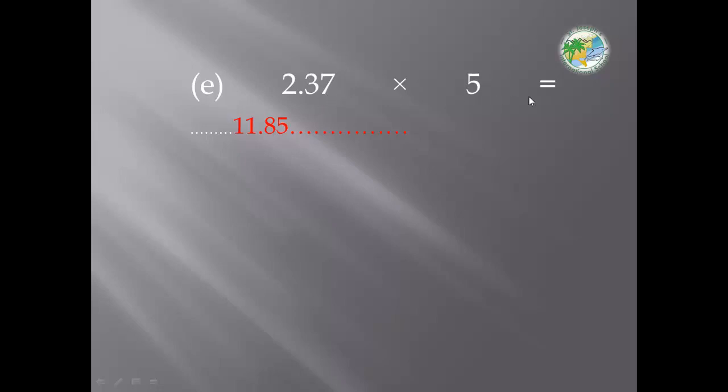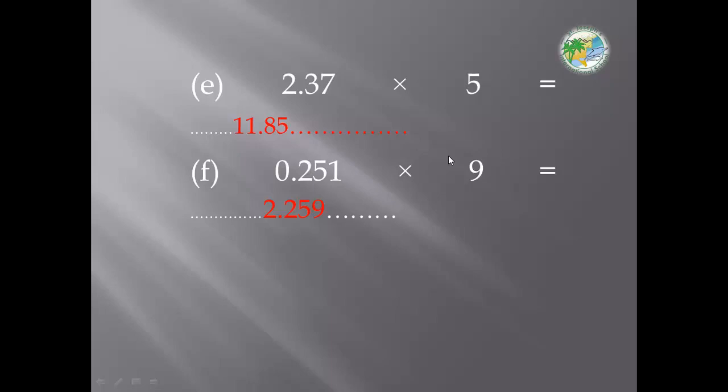2.37 times 5. It's not times 1. It should be multiply 5 times 7, 5 times 3, 5 times 2, and write the decimal point after 2 digits. This is the horizontal method. But if we want multiplication between two numbers by the vertical method, it's the same. No problem. Another question, 0.251 times 9. We multiply 9 times 1, 9 times 5, 9 times 2.